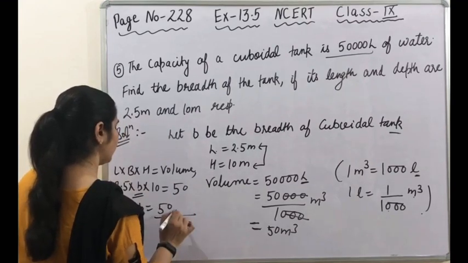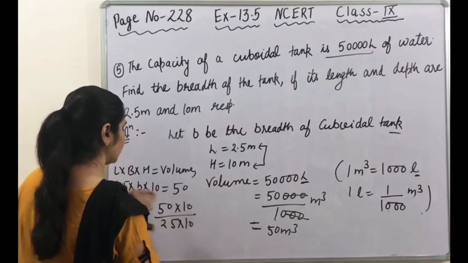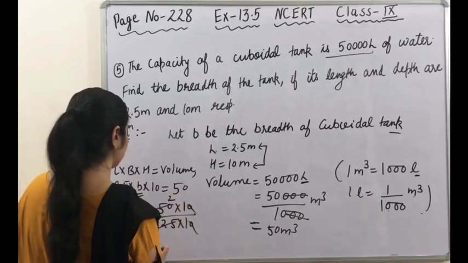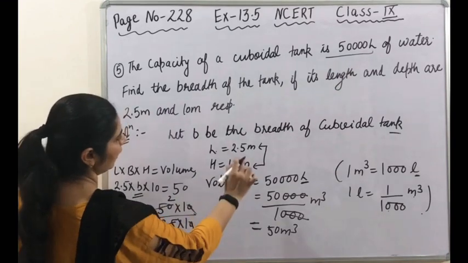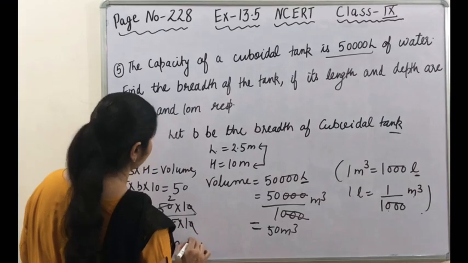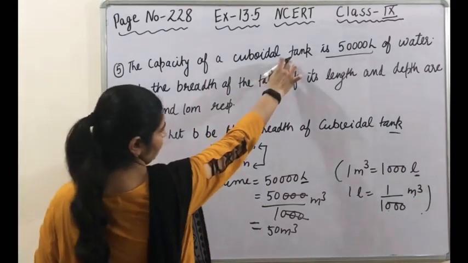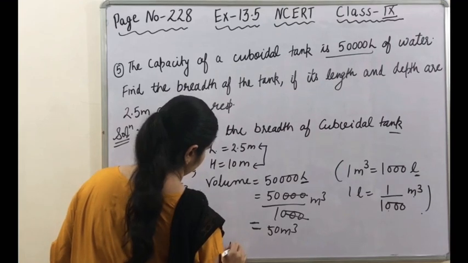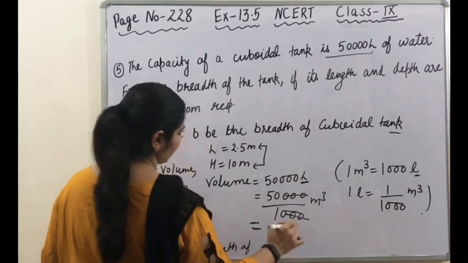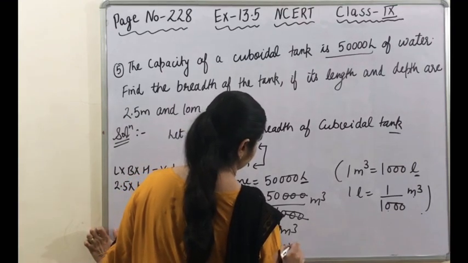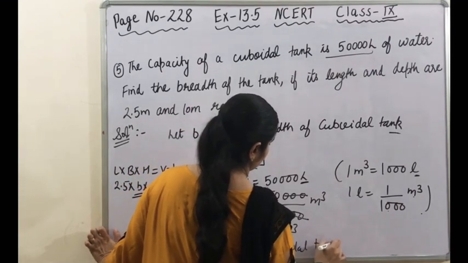When we omit this point, 0 will come to the numerator, cancellation, so B is equal to 2 meter. Therefore breadth of the cuboidal tank is 2 meter. You have to write the complete statement: breadth of cuboidal tank is 2 meter.